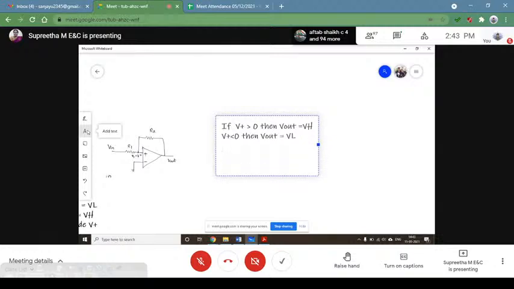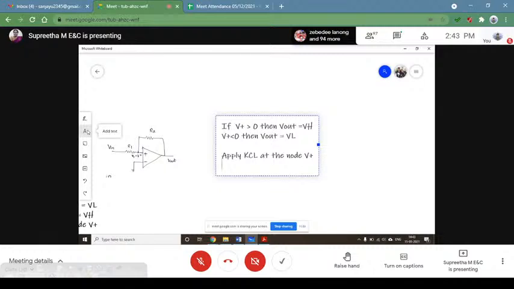Now, similar to the previous case, apply KCL at the node V plus, and tell me what is the expression for V plus in terms of V in and V out.